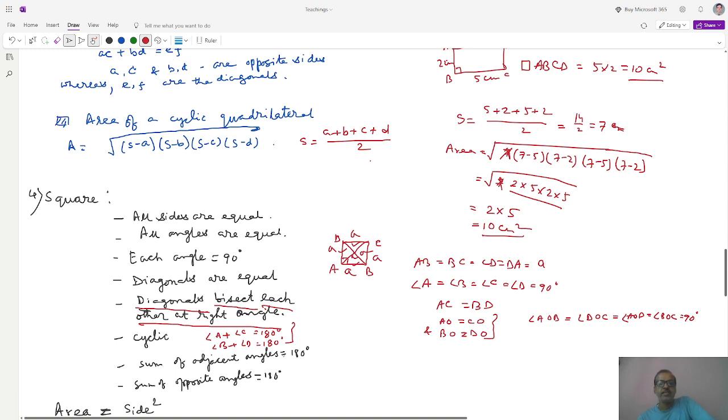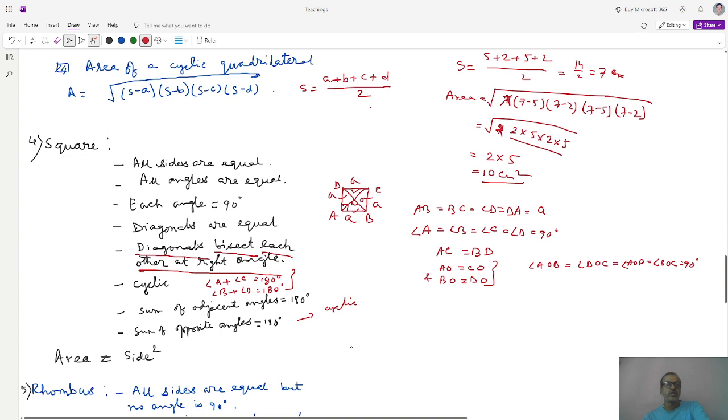Sum of adjacent angles is also 180 degrees. Angle A plus angle B equals 180 degrees. Angle A plus angle D equals 180 degrees. Angle D plus angle C equals 180 degrees. Angle C plus angle B equals 180 degrees. Sum of opposite angles is also 180 degrees. That is why a square is cyclic. Right.